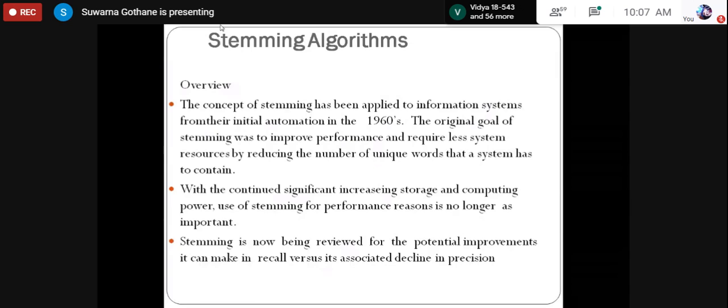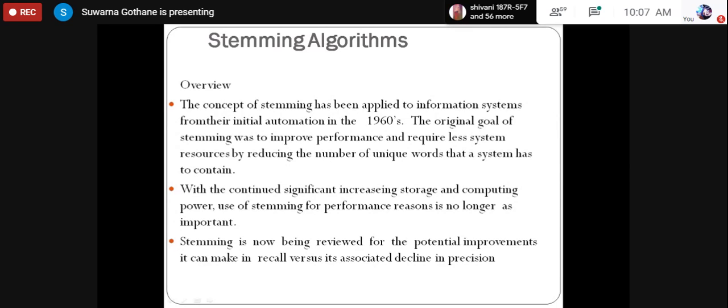You may fire a query which has some meaningless information, and that meaningless information is removed. For that sake we use stemming algorithms, so that minimum storage is used, and the processing power as well as the speed increase.